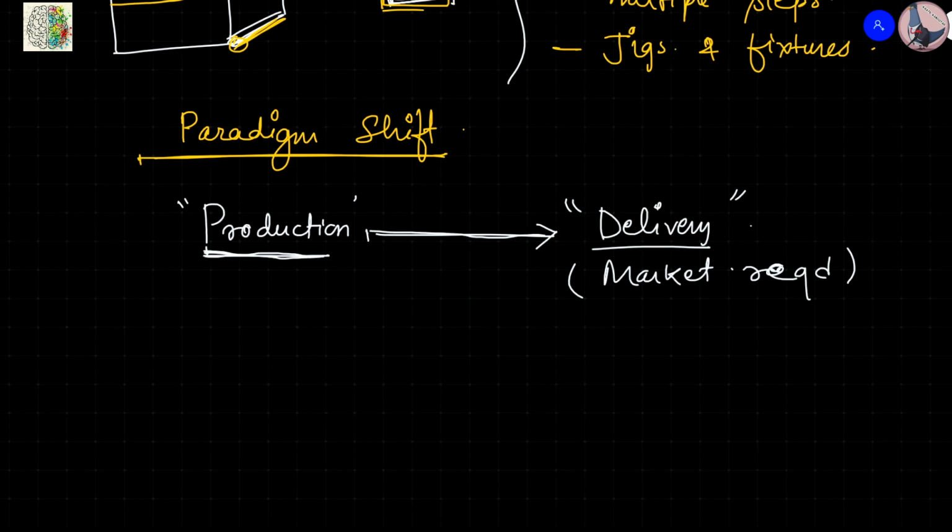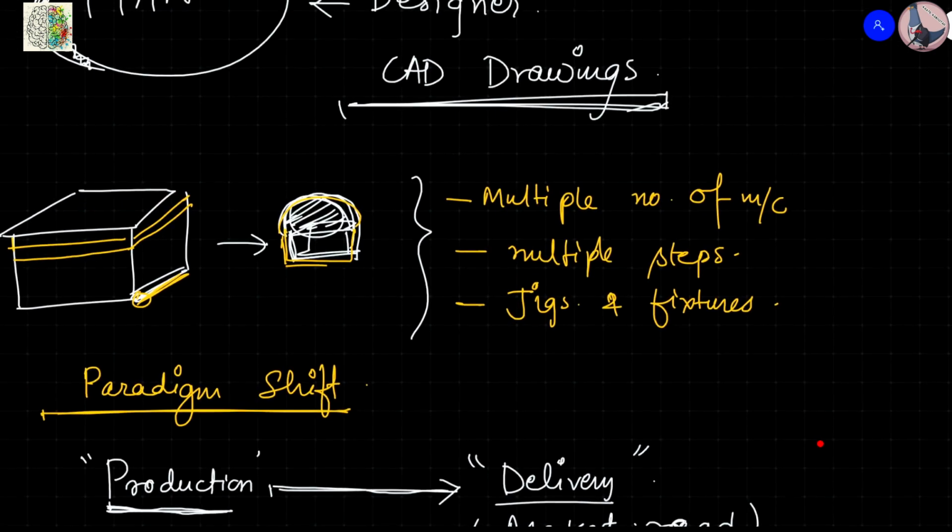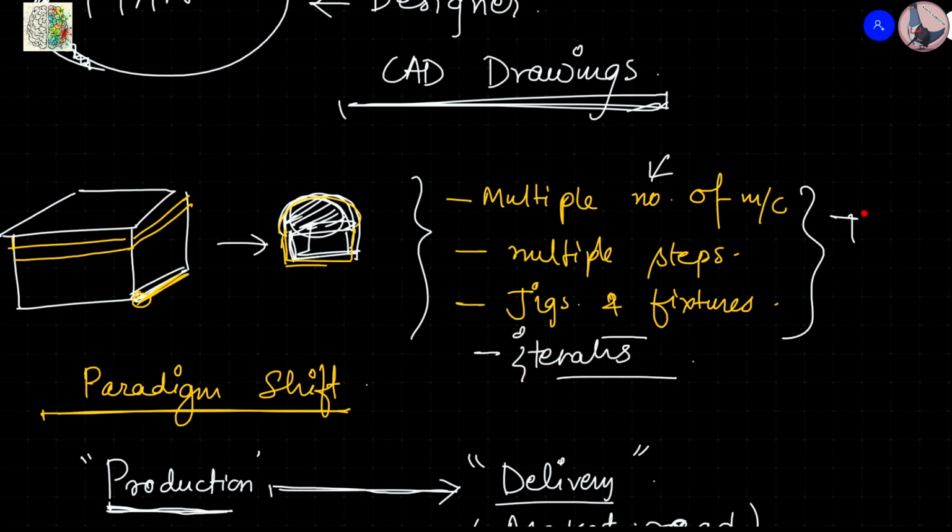But this was not possible in the conventional method, because due to the multiple machines and number of iterations, the time taken was always very large.